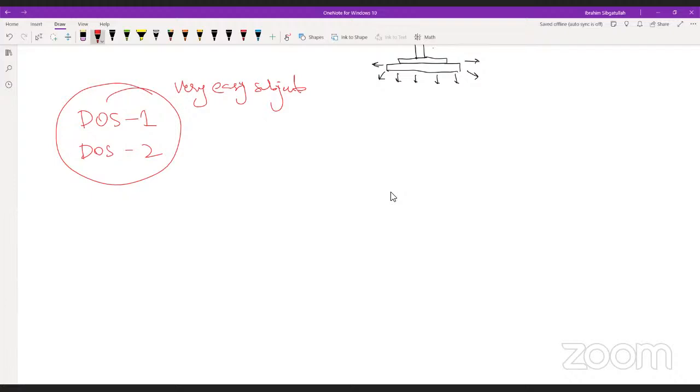So DOS 1 and DOS 2 are very easy subjects, but they can become very scary, very tough, very hard, all the negative things, for those people who are very bad at time management.